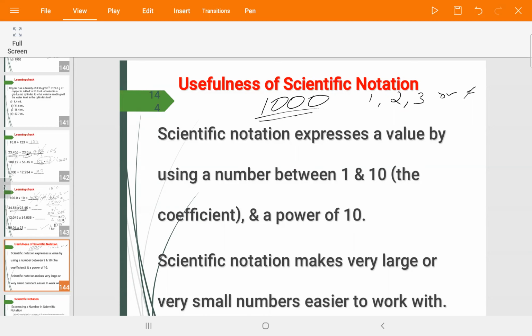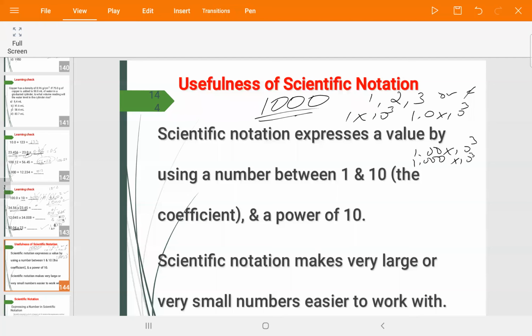If I express it as 1.0 times 10 to the power of 3, that is 2. 1.00 times 10 to the power of 3 is 3. 1.000 times 10 to the power of 3 is 4. That is why it is ambiguous.